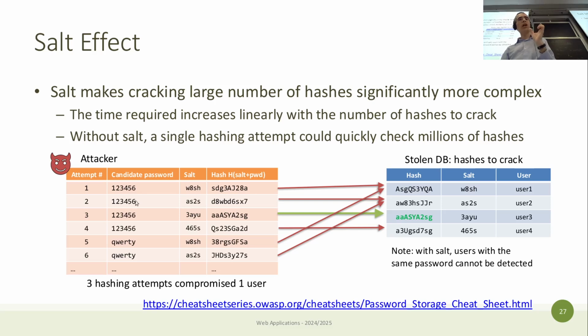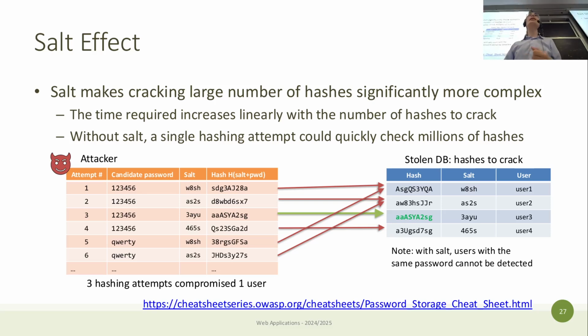Okay, so let's say you want to start trying 1, 2, 3, 4, 5, 6. You need to hash it with salt number 1, number 2, number 3, number 4. So instead of doing one hash operation, which is a bit computationally complex, not too much because you need it for authenticating users, but it takes a little bit of time, multiplied by 1 billion times, it can take quite a lot of time.